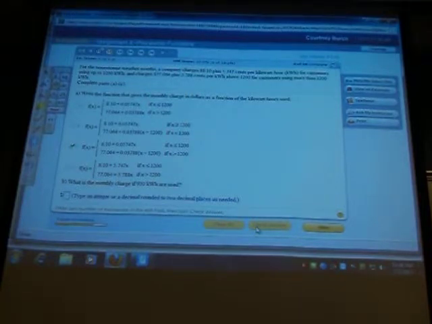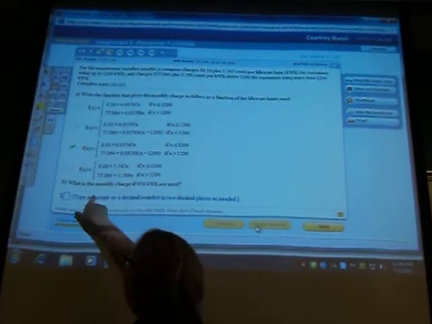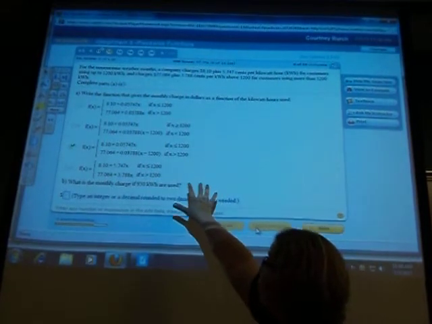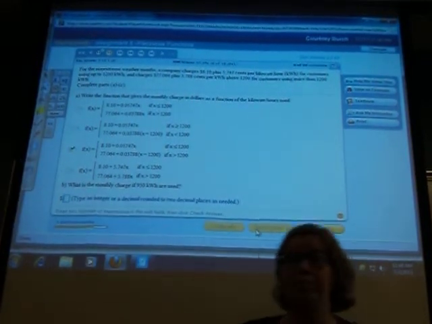Okay? What is the monthly charge if 930 kilowatt hours were used? What would I do there? Plug in 930. 930 is less than 1200, so you'd fall in the first category. Just plug it in.